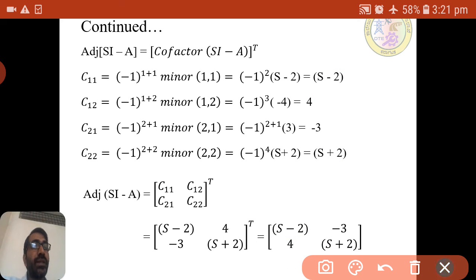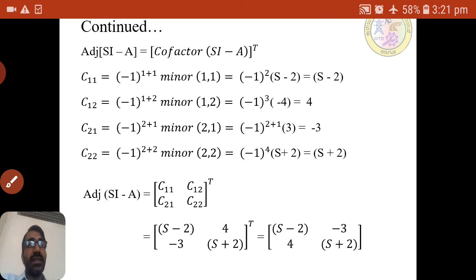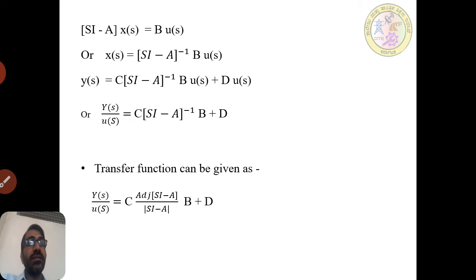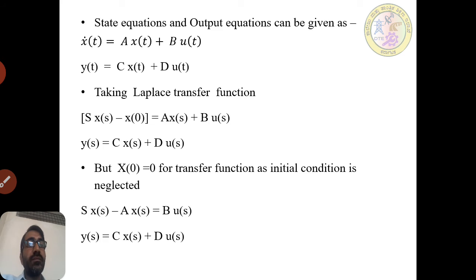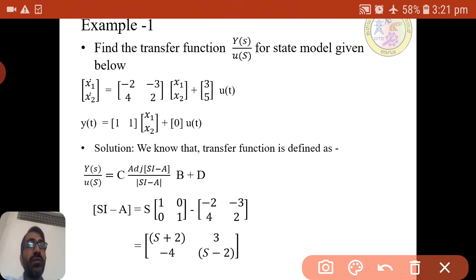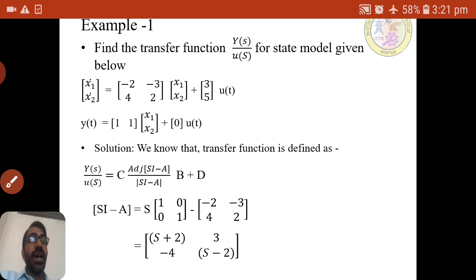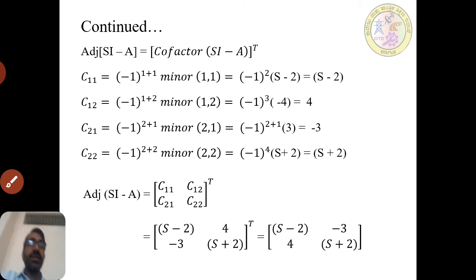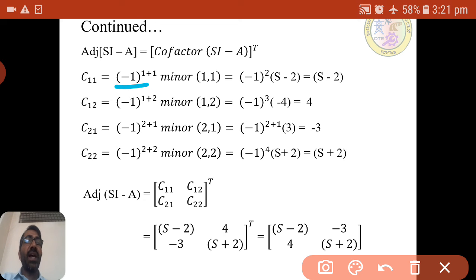So there are two methods to find out the adjoint. One is through cofactors, and the other, for a 2 by 2, we just need to exchange and change the sign, okay. And the best method, it is very simple: apply minus 1 raised to whatever i term, j term you add, and the minor.